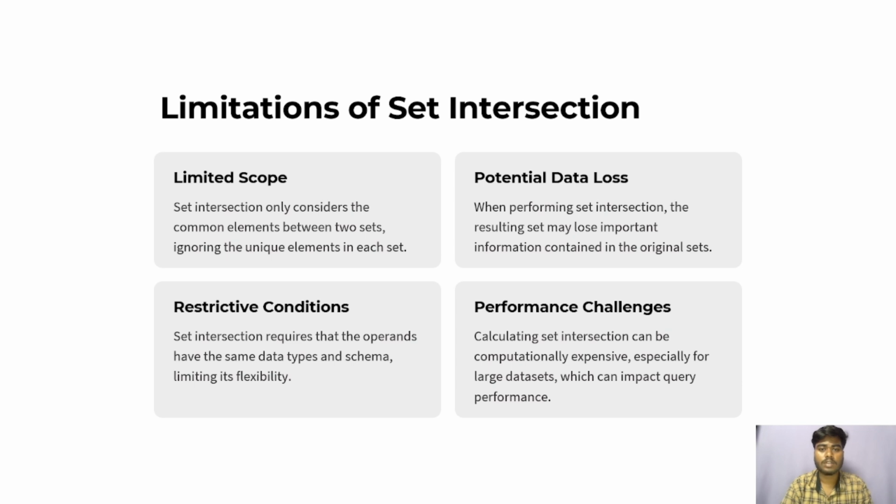Potential data loss. When performing set intersection, the resulting set may lose important information contained in the original sets. Performance challenges. Calculating set intersections can be computationally expensive, especially for large databases, which can impact query performance.